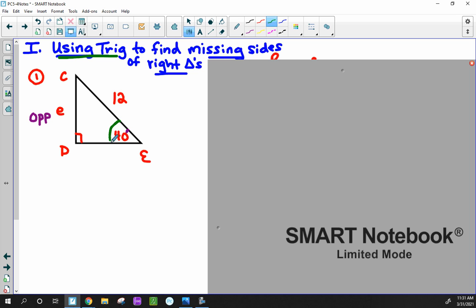From your angle that I gave you, which is marked 40 degrees, the opposite side is labeled lowercase e. This is angle E. The side across from the 90-degree angle is marked 12. Also a good time to note this, remember from geometry when they use capital letters for angles, the side opposite that is always marked with the lowercase letter. So if this is capital E, the side opposite is lowercase e.